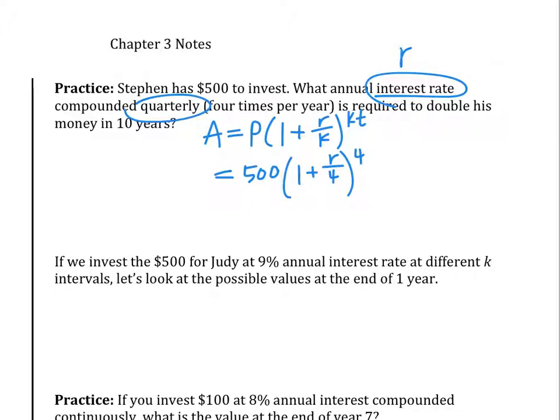It's required to double his money in 10 years. 10 years goes where? T. So where does the doubling money go? A. So then what is A? 1,000. Because he started with 500. He's going to double it, so that's going to be 1,000.